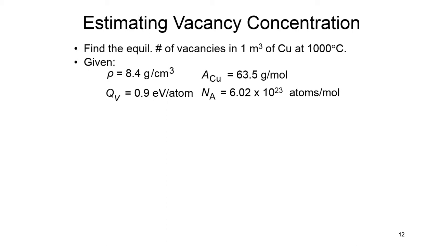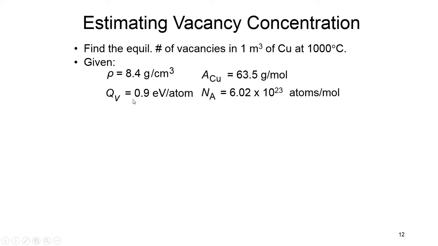As an example, the density of this material is 8.4 for this temperature. Of course at room temperature it's a larger value, as you can see in the table, 8.94. The atomic weight in grams per mole for copper is 63.5.